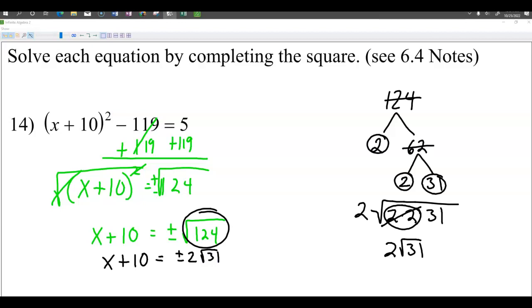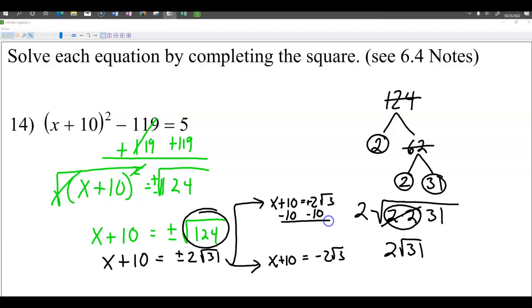The last step is to write 2 equations. One where you have x plus 10 is equal to a positive 2 root 31. And one where you have x plus 10 is equal to a negative 2 root 31. And for both of them, we're just going to subtract this 10 over to the other side.